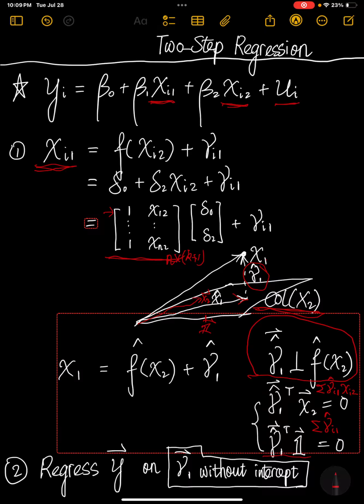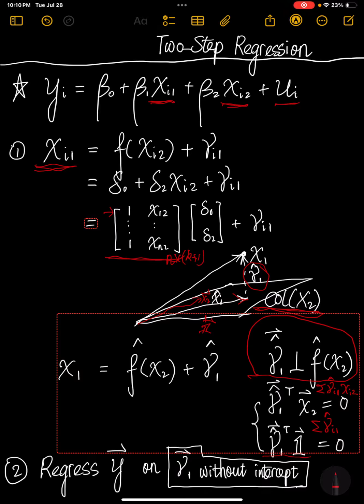You are decomposing the x1 variable into its component that can be expressed by the x2 variable, plus an additional part that cannot be explained by x2, which is perpendicular to x2. This is the extra part that you haven't been able to explain with your existing independent variable x2.